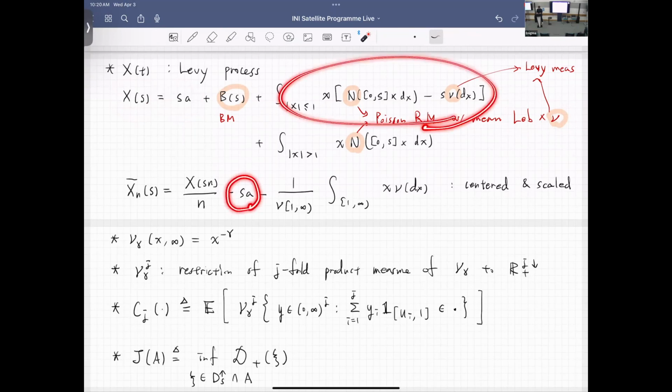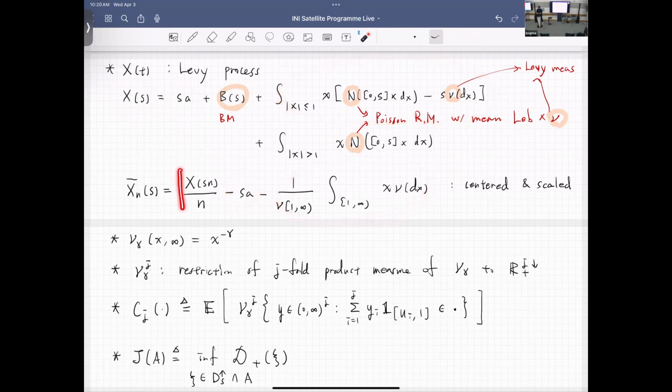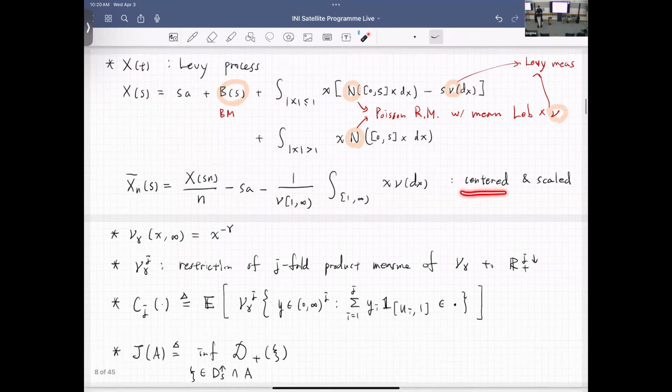So these are those drifts, and what we're going to consider is basically the scaled version, both in time and space. So the centered and scaled version.